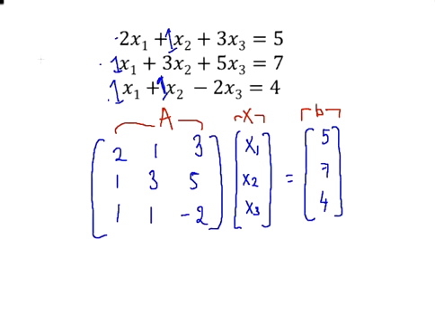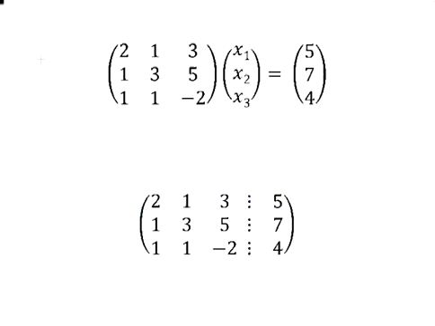So what we would do is join A and B into a combined matrix. So this is our augmented matrix here. This is the augmented matrix.